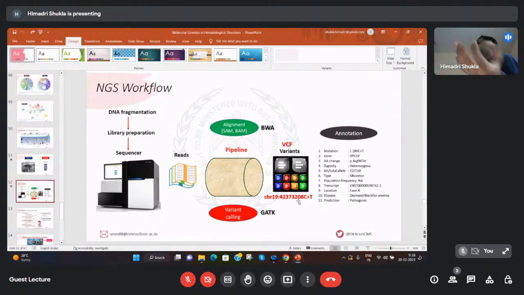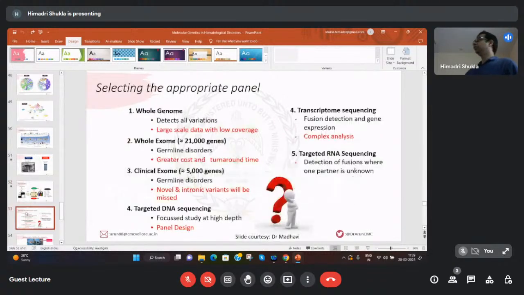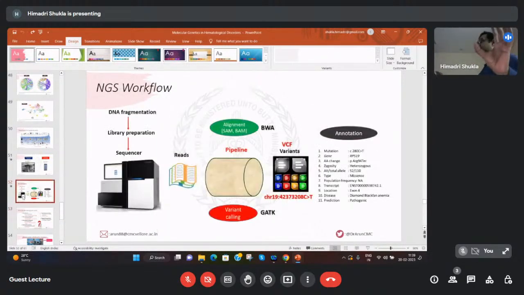It tells you what gene is mutated, what particular mutation is present, whether it's a polymorphism or a mutation, what disease is associated with that mutation, and whether it is pathogenic or not. Maybe that is too much for you right now, but basically NGS has a sequencing part and a bioinformatics part, and at the end of both, you get the final output.